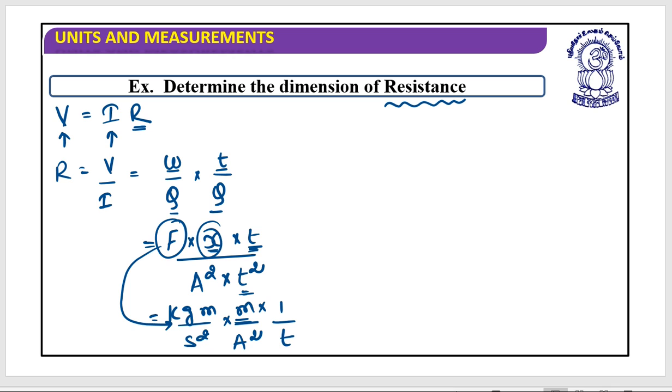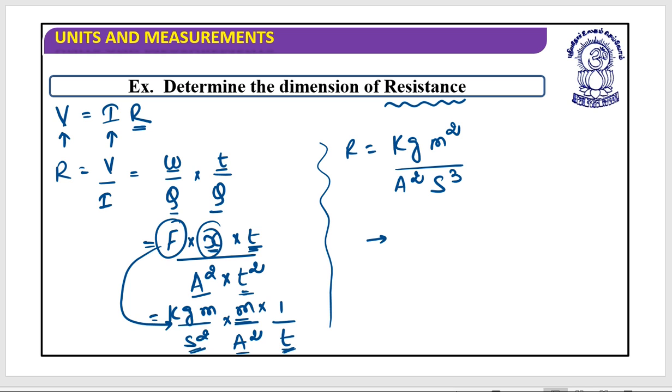So if I cut it down, it would be 1 by T, and one more thing, it is ampere square. So if I solve this, it is kg meter square divided by ampere square. Here it is second square, and time also represents the second. So this is kg into meter square upon ampere square multiplied by second cube.